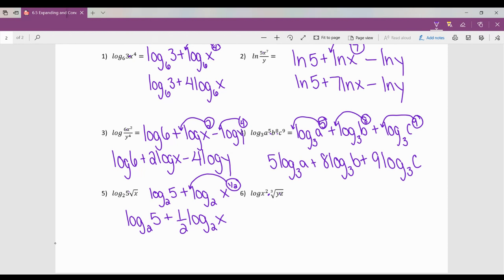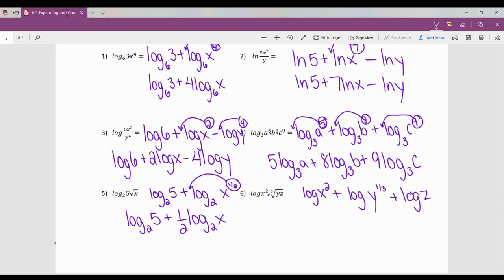So we're going to write it as log of x squared plus log of y, but because that y had a cube root with it, I'm going to write an exponent of 1/3. Remember, power over root, it's the cube root. And then because it's y times z, I'm going to do plus log of z.